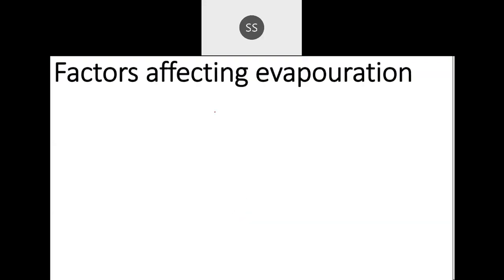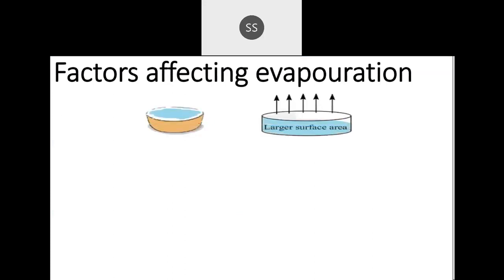Now this evaporation depends on certain factors. Evaporation depends on the surface area. Suppose you have taken a narrow vessel, like in this first case, you can see the vessel is quite narrow. In that case, the number of water molecules which can escape out will be less. You can even imagine a test tube. You know how narrow a test tube is.